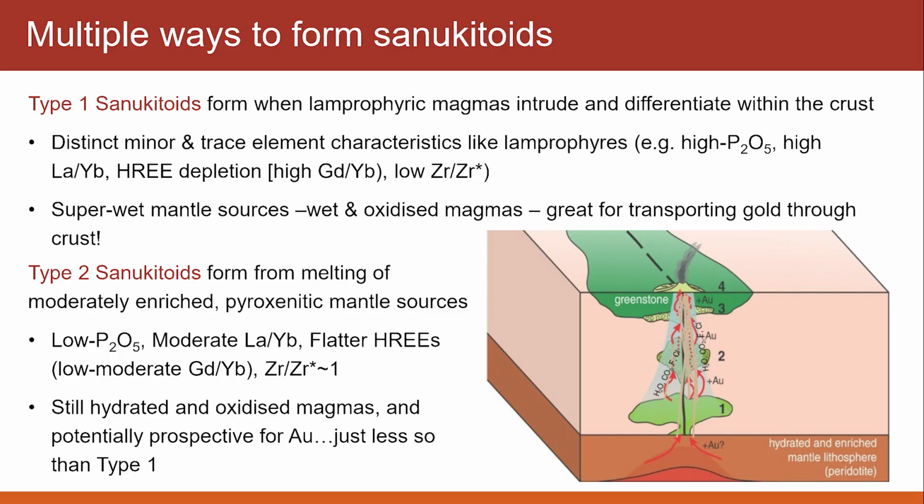So they're still hydrated and oxidised magmas. They still contain hornblende, and potentially they are still prospective for gold mineralisation, but we would just say that empirically they appear to be less related to the gold mineralisation in the Yilgarn at least than the type 1 sanukitoids.